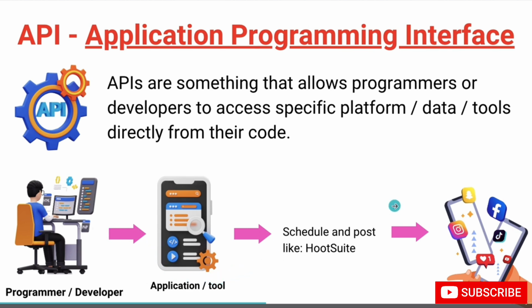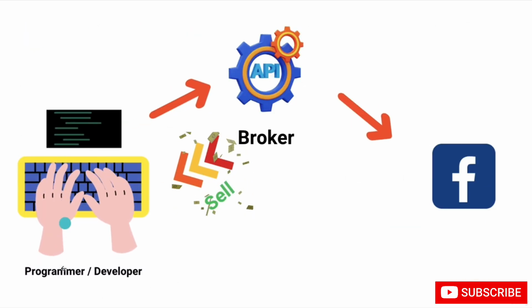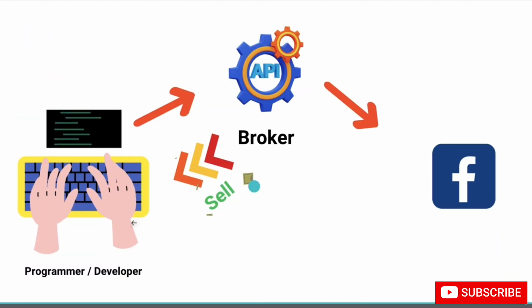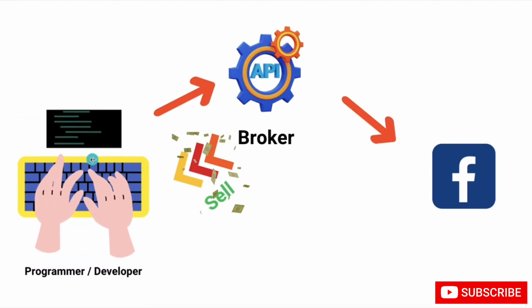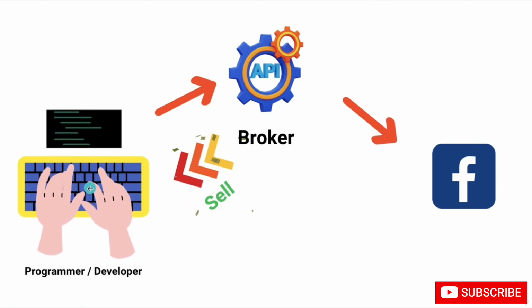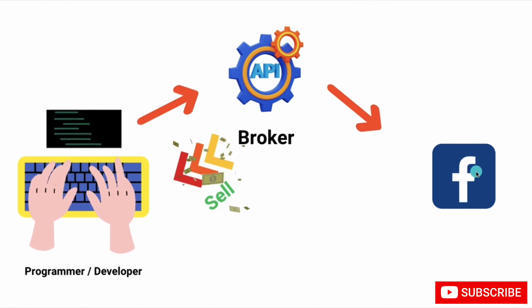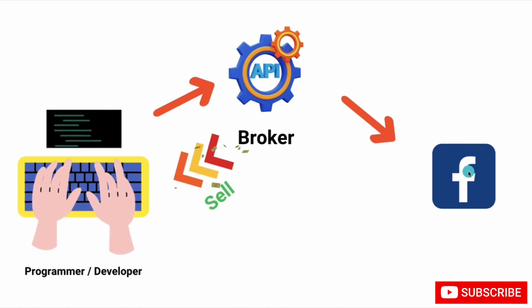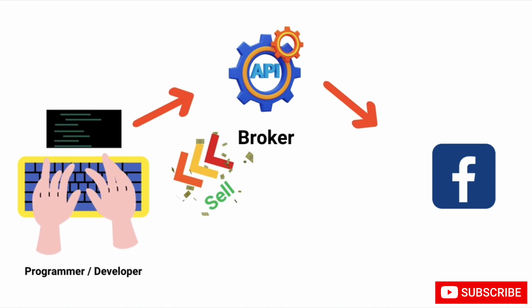But there is one problem. The problem is that these programmers and developers can just do coding. Basically, they cannot access the tools of Facebook, Google, Instagram, or lots of different platforms.